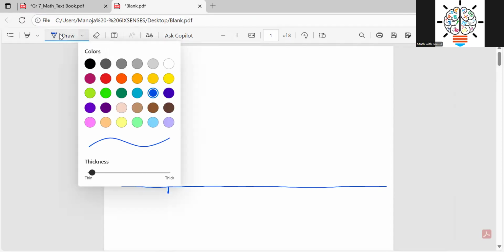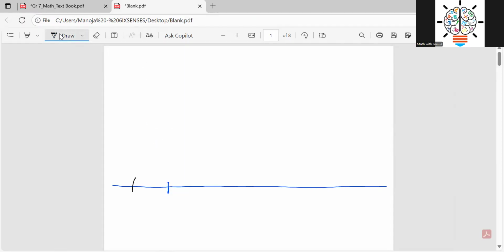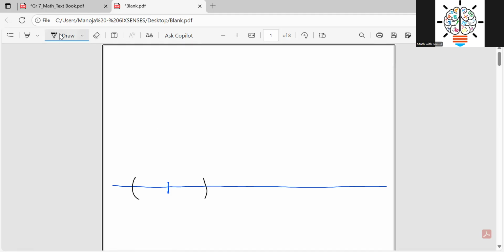Okay, so then I construct the 90-degree angle, right? Here, children, please keep in your mind that I don't have the real tools, I'm just drawing it, right? So then I have something like this.